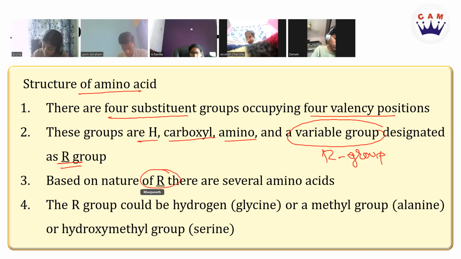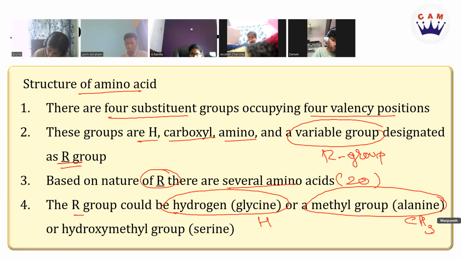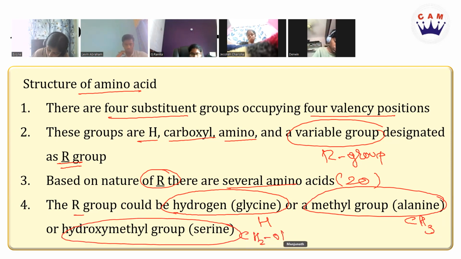Based on the nature of the R group, there are several amino acids. How many? 20. The R group can be hydrogen. If it is hydrogen, then it is glycine. If it is methyl, then it is alanine. If it is hydroxymethyl, then it is serine. Yes, sir. Next slide.